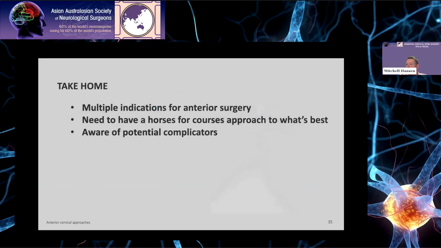So I guess take-home messages are that there's multiple indications for anterior surgery, and certainly I like to have a horses for courses approach as to what's best, whether this is something extravagant through the nose or our normal workhorse of anterior degenerative procedures.